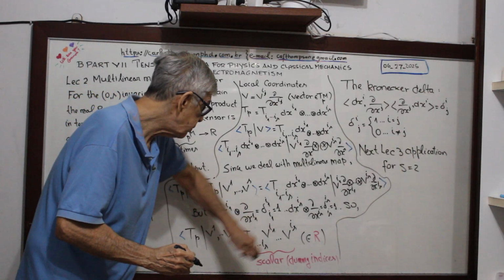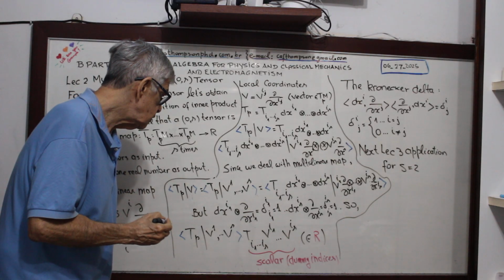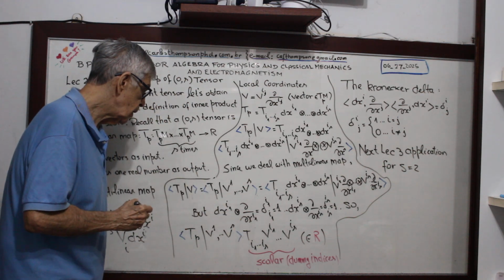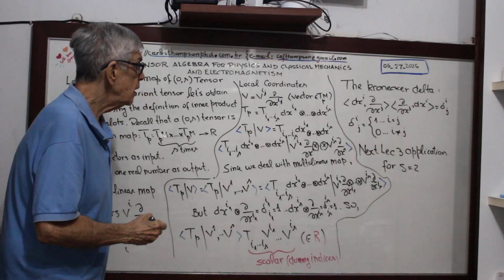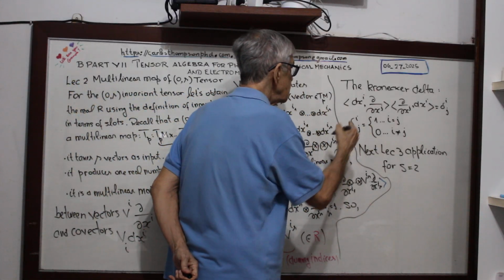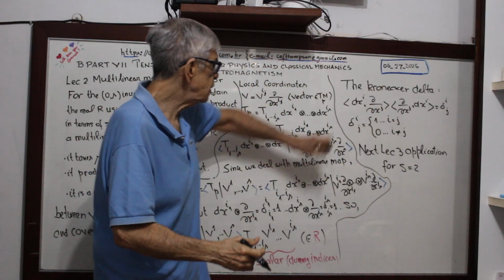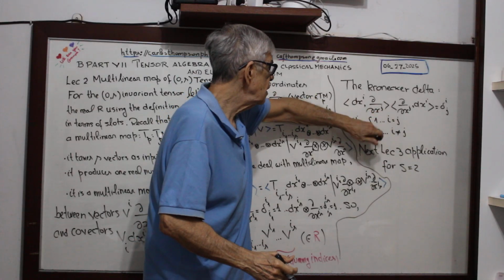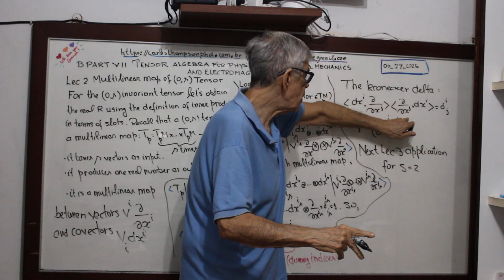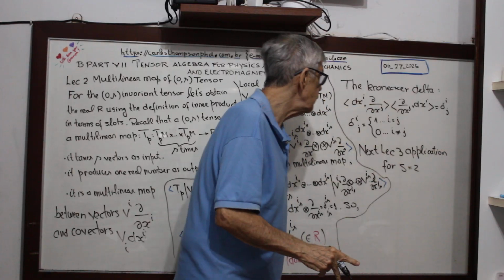If you apply here the Kronecker delta, it is clear that this will be the Kronecker delta. And the Kronecker delta, by definition, which we already used before, is the inner product of dx^i and partial x_j, and you can swap them, it is delta^i_j.